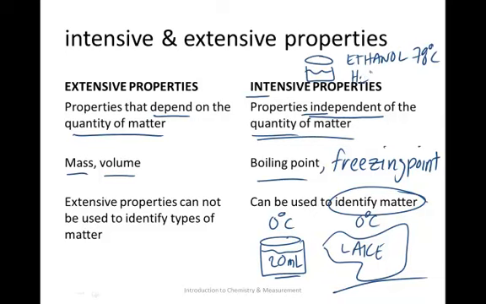Water has a boiling point of 100 degrees Celsius. So if you measure the boiling point of this unknown sample, and it's around 78 degrees Celsius, you have a really good proof that it's not water, and some evidence that it is ethanol. Of course, you'd maybe want to do more tests to make sure it's ethanol, but they certainly can be used to identify the material. Extensive properties cannot.